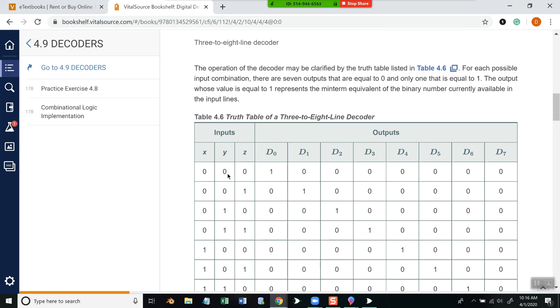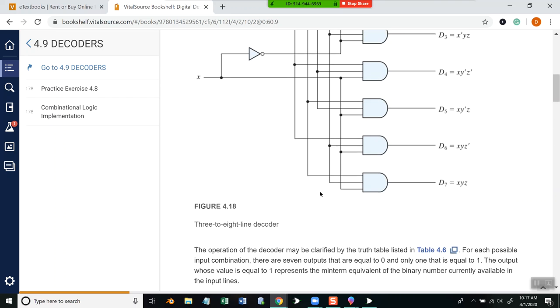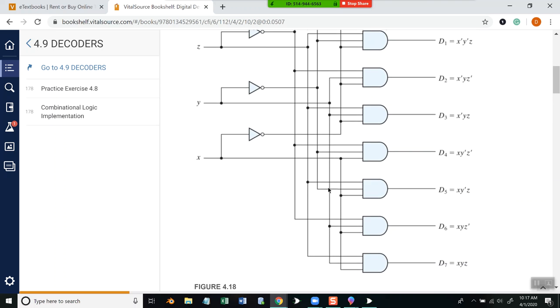Because if this is binary, that does not equal this in octal. I can see how the connection would be there.